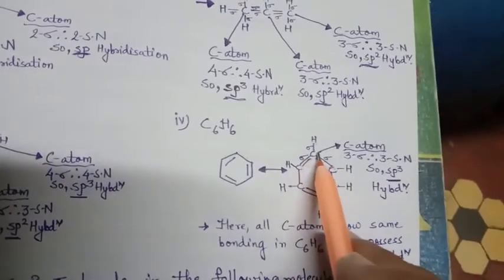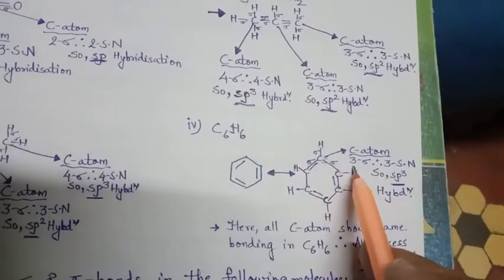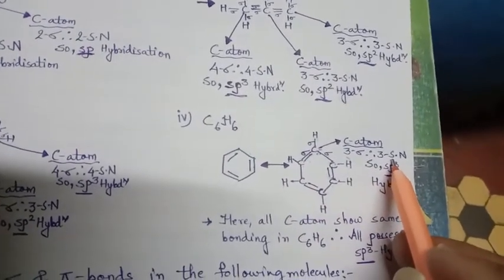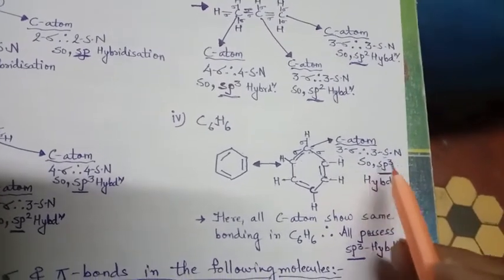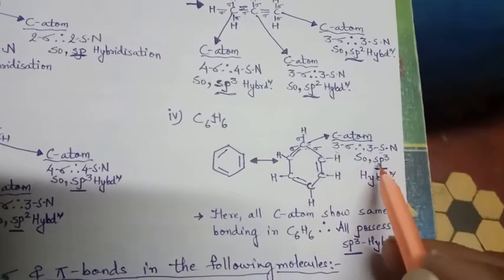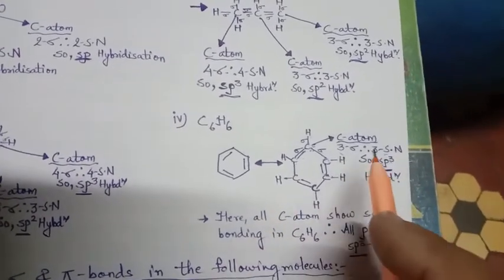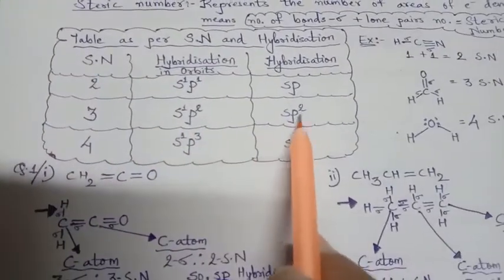So let us consider one carbon here. How many sigma bonds? 1, 2, 3 sigma bonds. So the steric number is 3, and it won't be sp3 even though it is given as sp3. As per the steric number, 3 steric number means sp2.